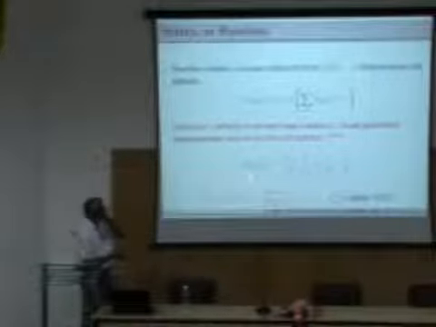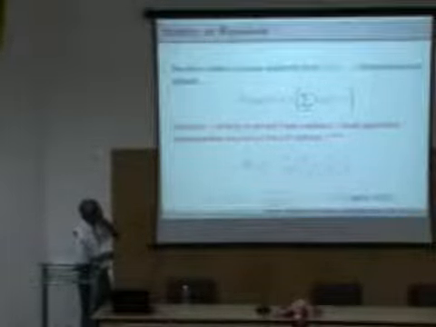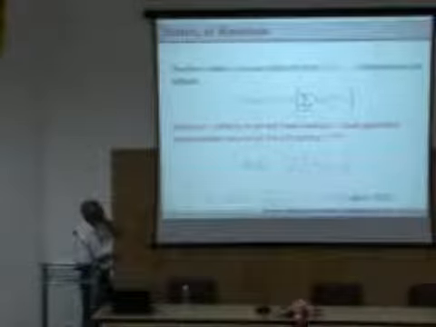What Lubkin found was that the average purity of a density matrix of a random pure state is very small.